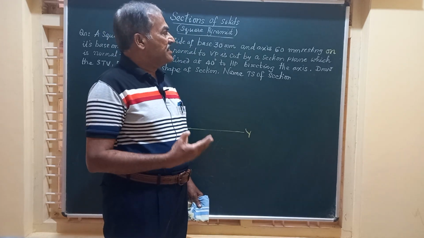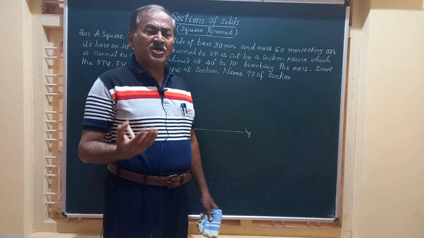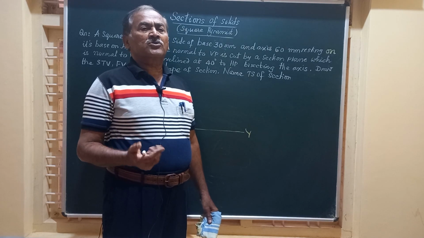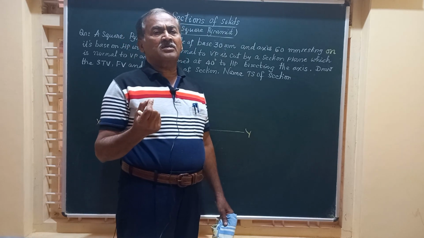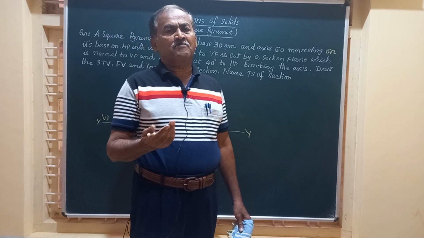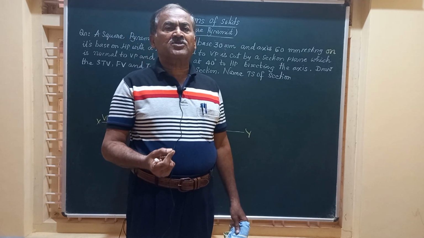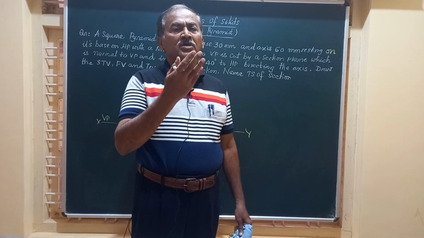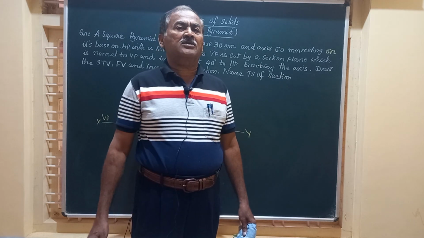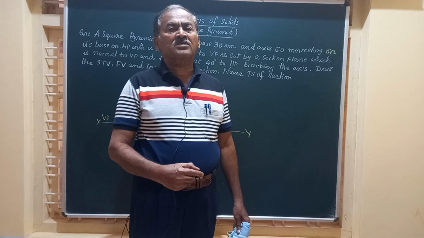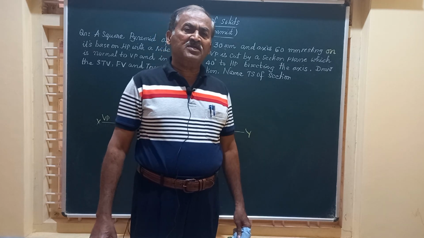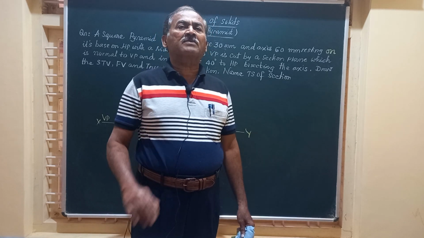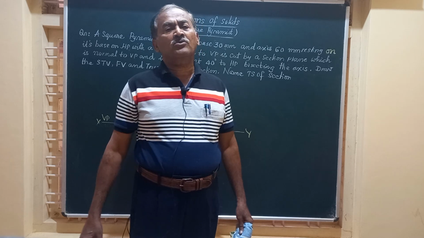He says it is resting on HP on its base. So whenever any pyramid is resting on its base on HP, the axis of the solid is perpendicular to HP, obviously parallel to VP.